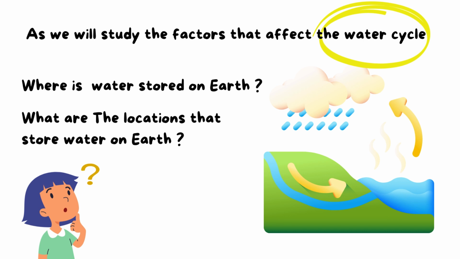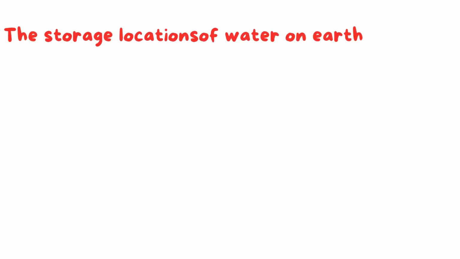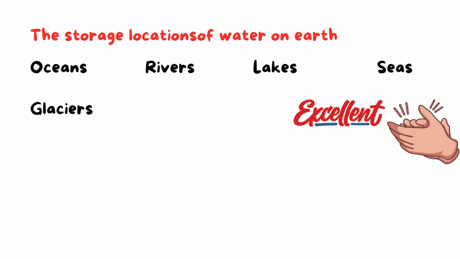In another way, what are the locations that store water on Earth? Yes, give me some answers. Okay, yes, the storage location on Earth may be ocean, rivers, lakes, seas, glaciers. Good job, good job. This is the storage location on Earth.